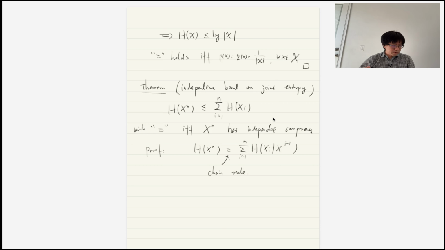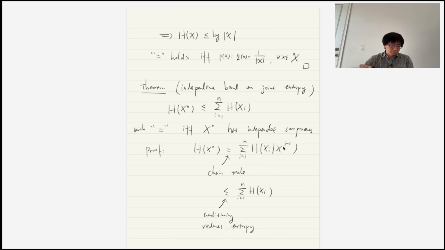Okay, and then we use the fact that conditioning reduces entropy, right? Therefore, term-wise, each of them will be less than or equal to H of xi, and then we prove that, right? So this is very easy. And now we may ask again, okay, why does conditioning reduce entropy, right?